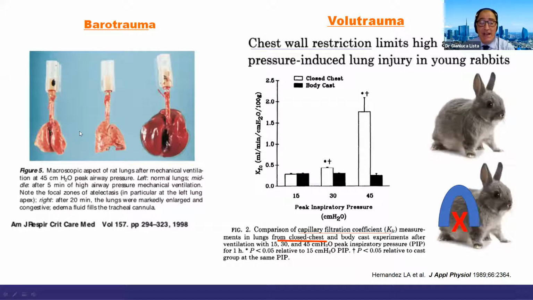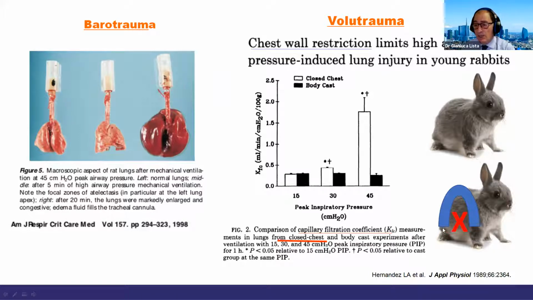So there is a high risk of barotrauma when you use a peak pressure, but it's also very important to reduce the risk of volutrauma. This is a very interesting animal study in which preterm rabbits were randomized to receive the same peak pressure in two different situations.